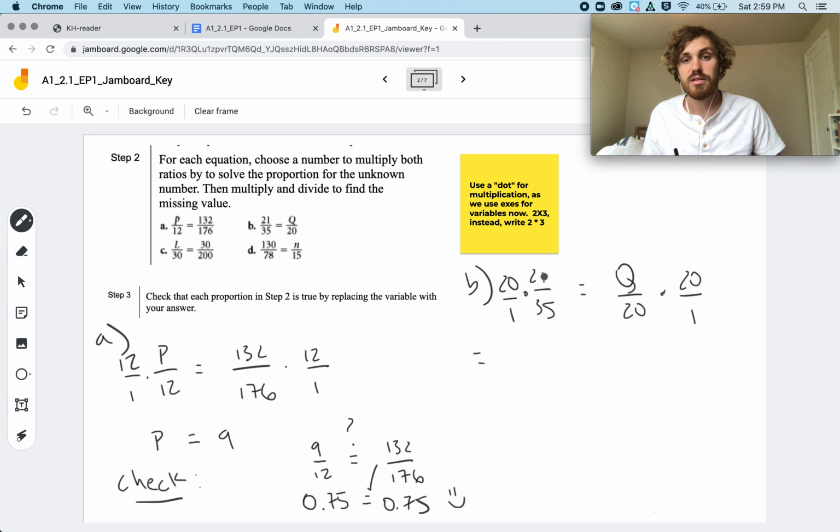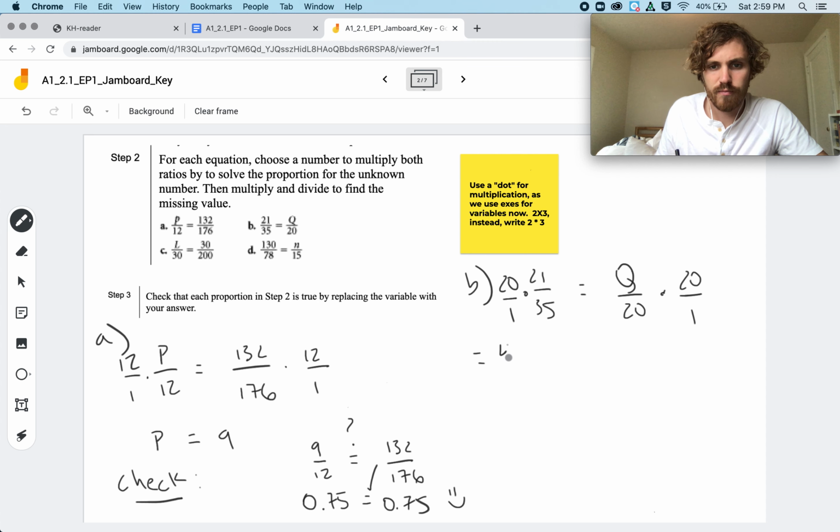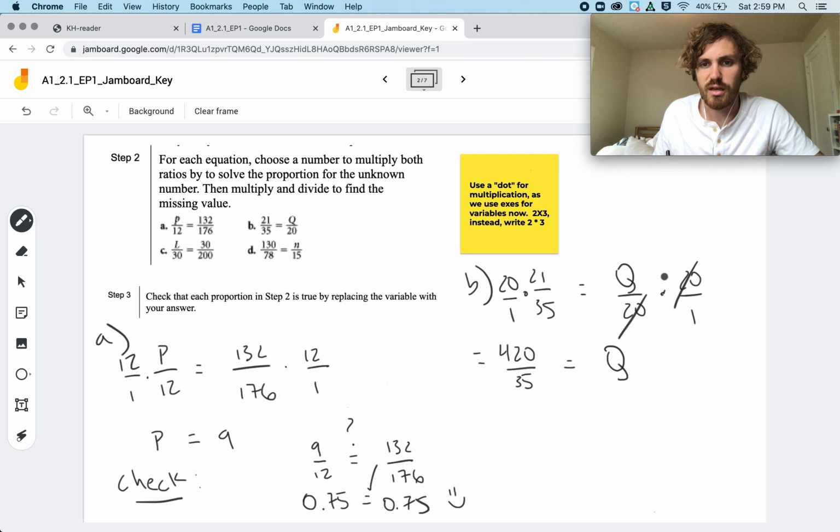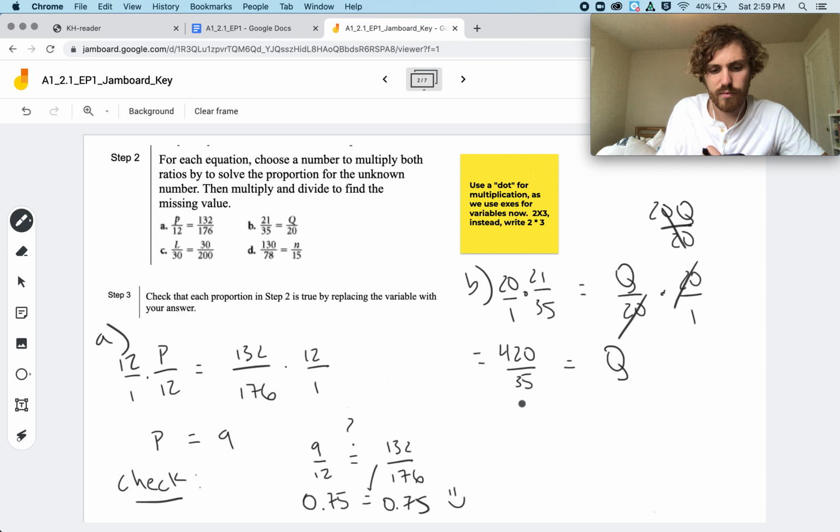Here I'm going to get 20 times 21, which is 420, divided by 35 times 1 is equal to Q, because again, if I have a 20 in the numerator and a 20 in the denominator, 20 divided by 20 is 1. So I just get Q, because it would be 20Q over 20, and that's just 1Q. So 420 divided by 35 is 12, so I get 12 is equal to Q.